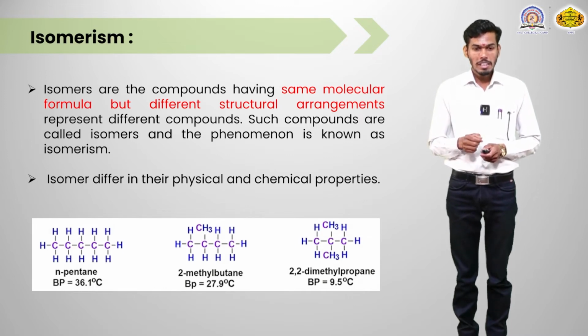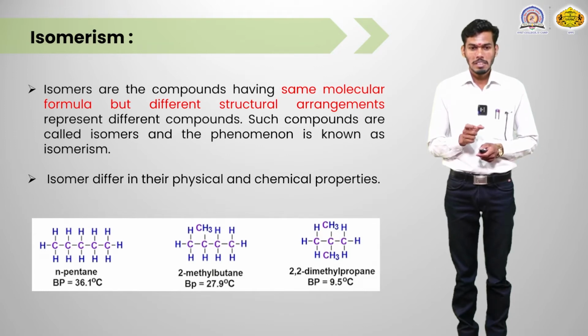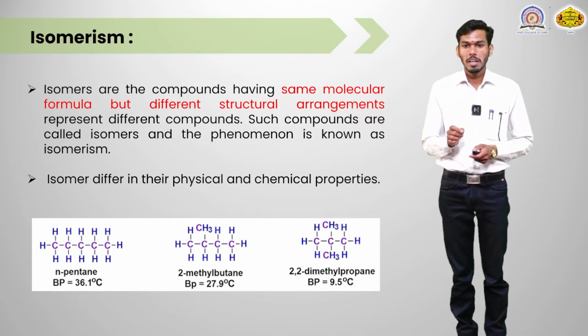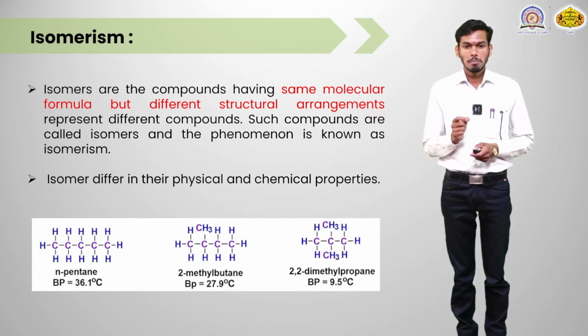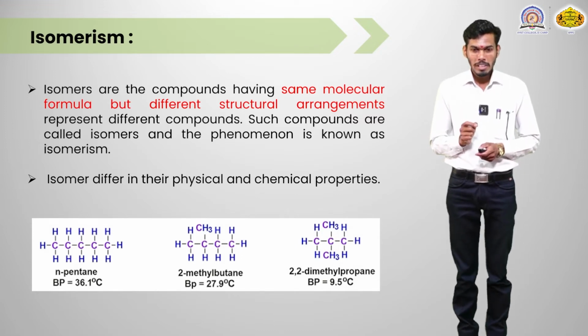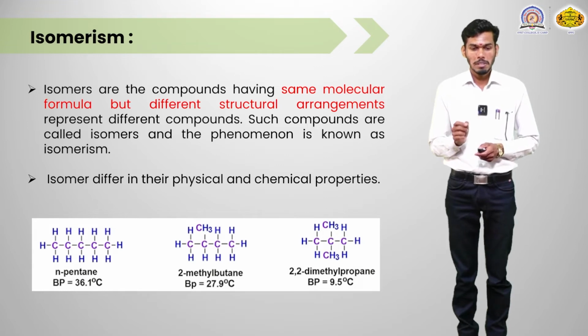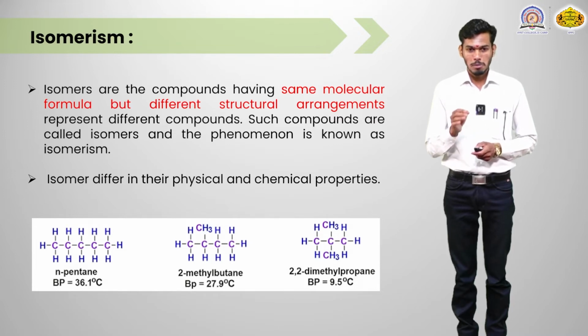In these three compounds, n-pentane, 2-methylbutane, and 2,2-dimethylpropane, the numbers of carbons and hydrogens are the same. The number of carbons is 5 in each compound, but they have different structural arrangements. In n-pentane there are 5 carbons in a straight chain.